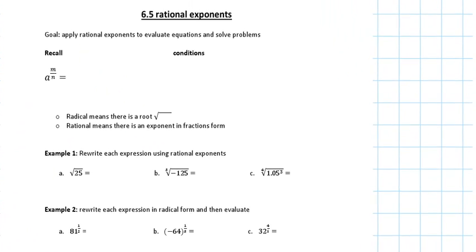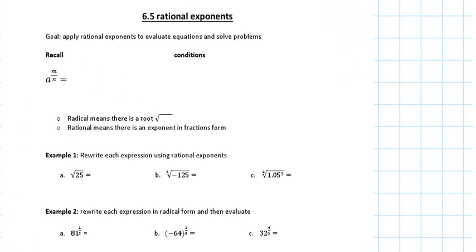So we said that a to the power of m over n is the nth root of a to the power of m. And we said that I can also write it like this.